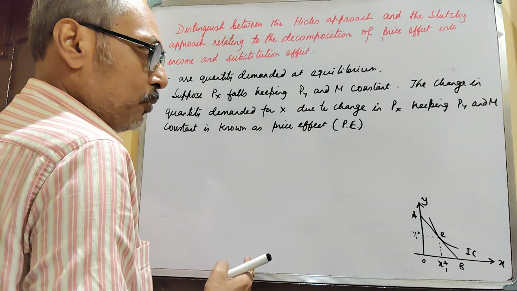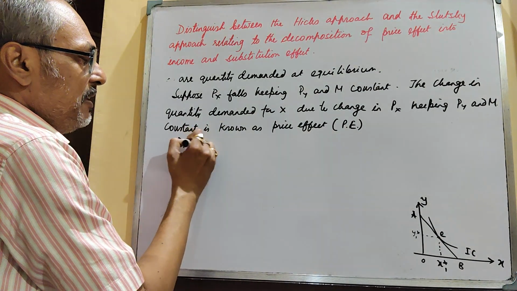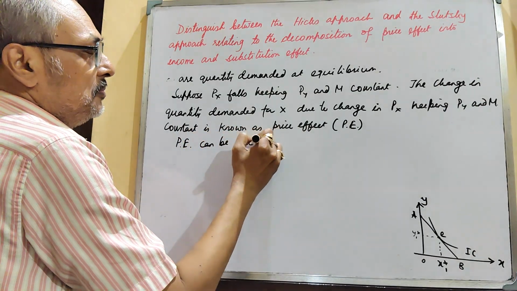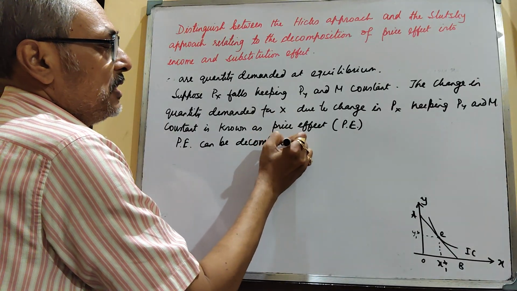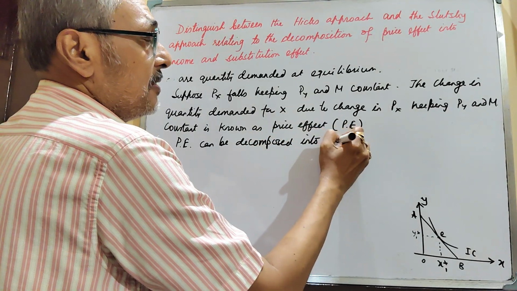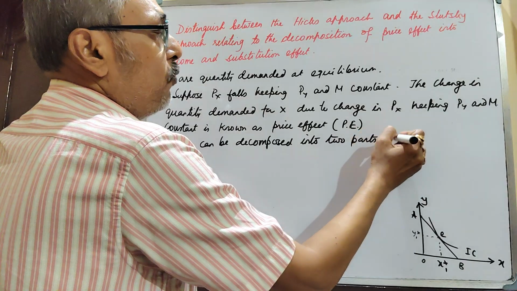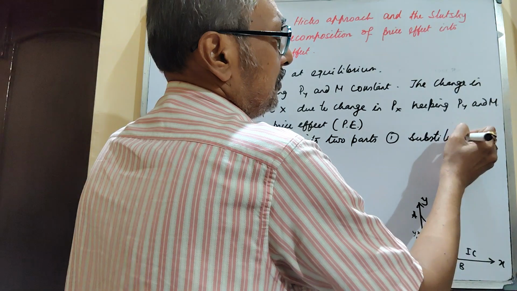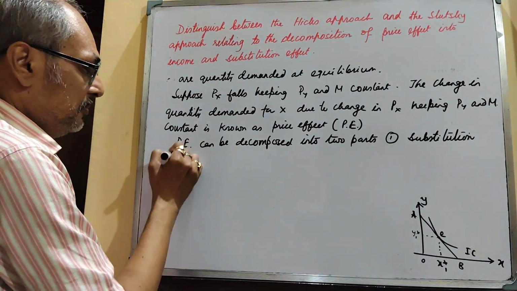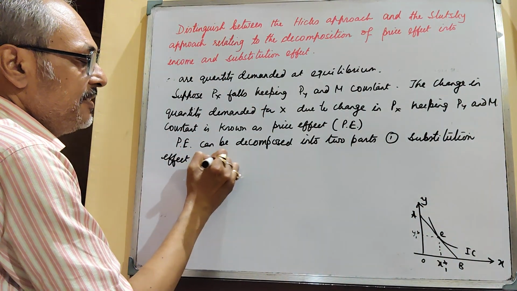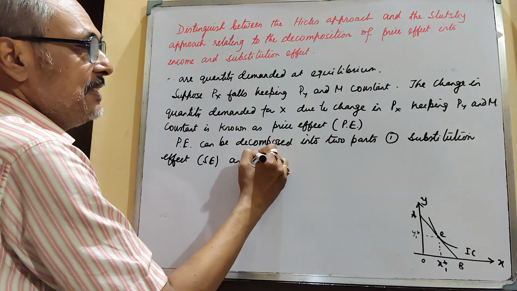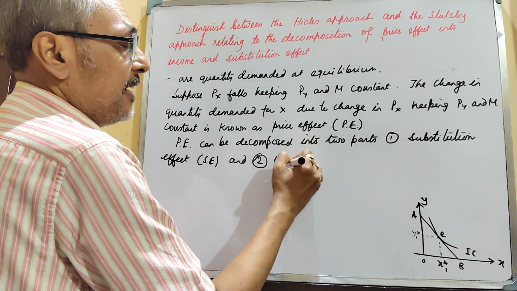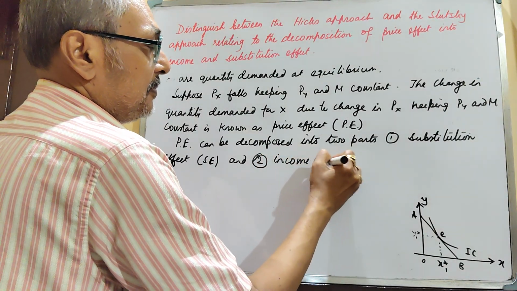Price effect can be decomposed into two parts. One, substitution effect, denoted by SE, and the other is income effect, IE.